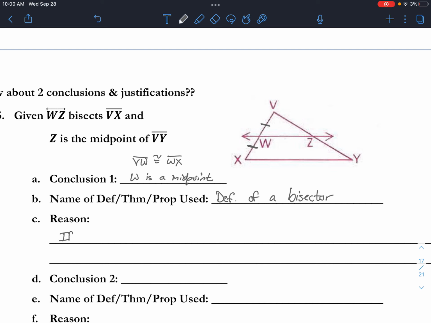So once again, if a line/segment cuts another segment, or just a segment, into two congruent parts, comma, then it is, and I guess we wouldn't call it a segment bisector. We would just call it in general just a bisector.